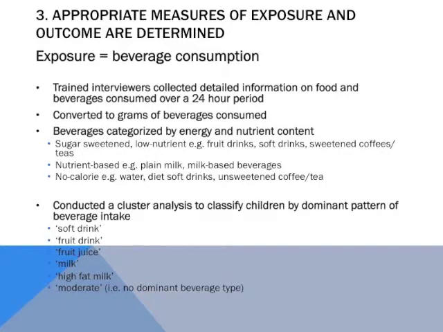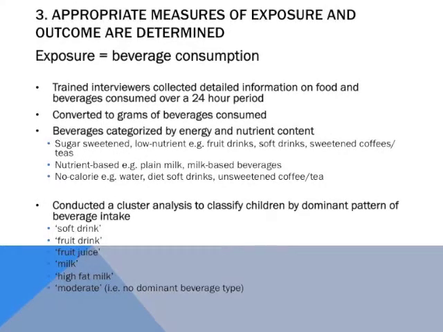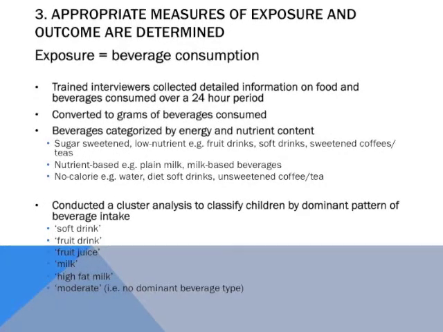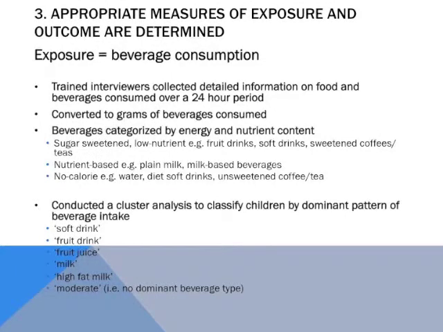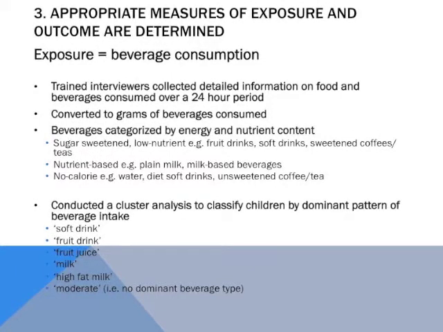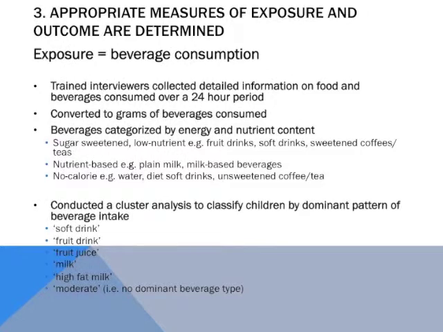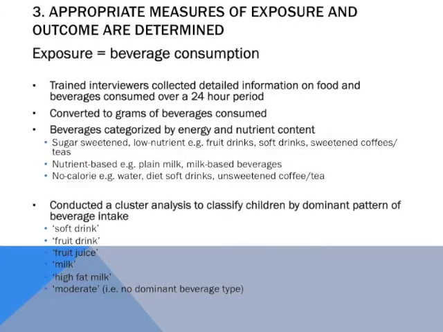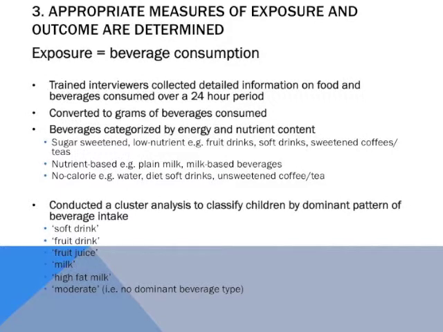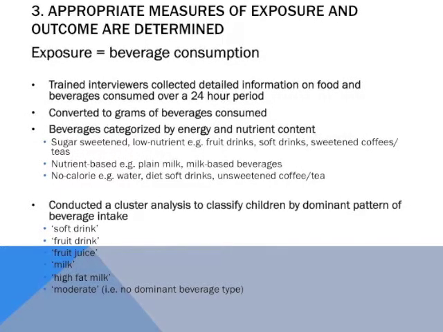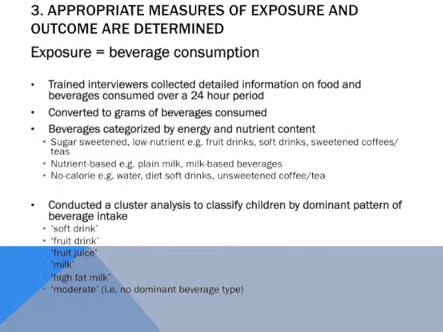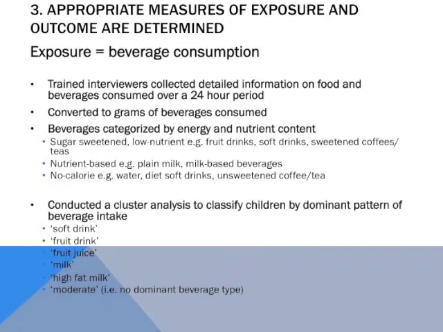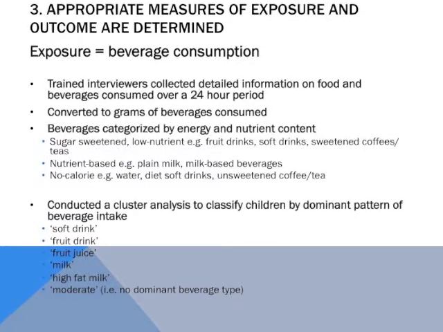The authors then categorized the type of beverages according to their energy and nutrient content, namely sugar-sweetened low nutrients, such as fruit drinks, soft drinks, sweetened coffees and teas; nutrient-based, for example, plain milk and milk-based beverages; and no-calorie, such as water, diet soft drinks, and unsweetened coffee and tea.